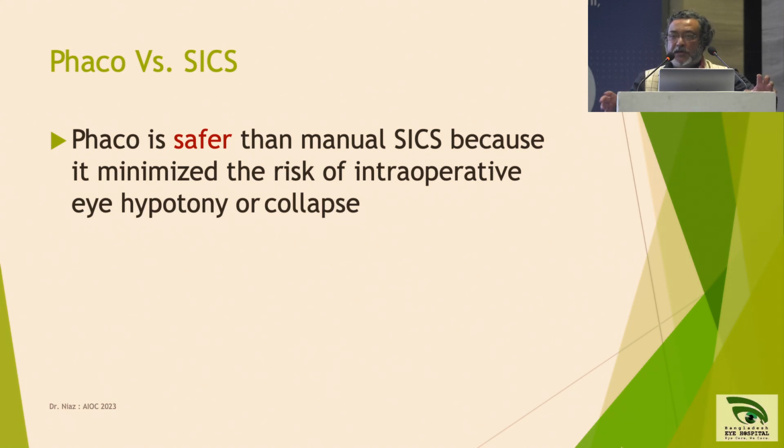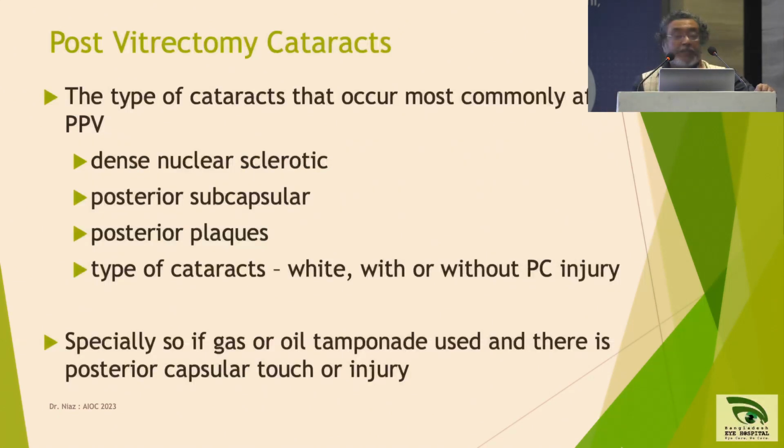And this fluid from the back can come out, and the eye can become hypotonous. If an eye becomes hypotonous in these cases, the surgery becomes very, very difficult. So a closed chamber surgery is our goal. That's why I would always prefer to do a phaco, never an SICS, to do cataract in a vitrectomized eye.